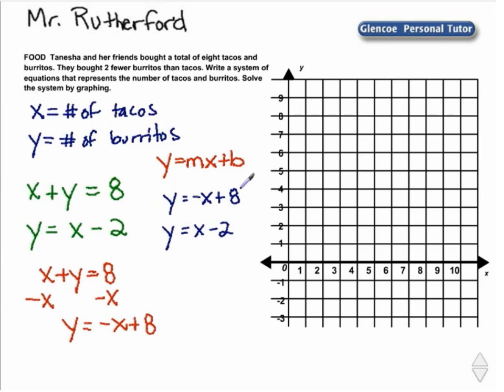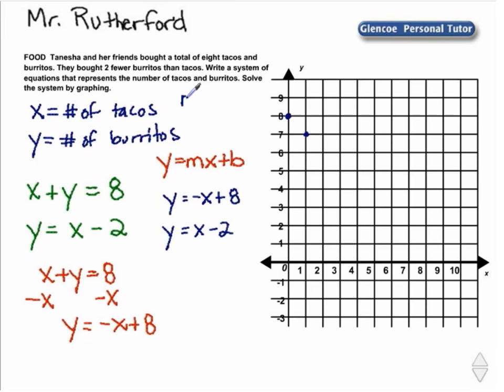Notice in our first equation we have a slope of negative 1 because we have negative x, and remember that the slope comes in front of the x, which is m, and we have a y-intercept b of 8. So I'm going to first plot my y-intercept at 8. We have a slope of negative 1, so we'll go down 1 and to the right 1.